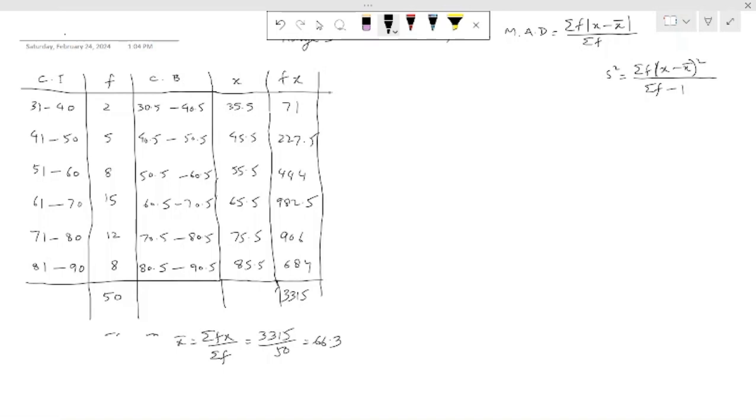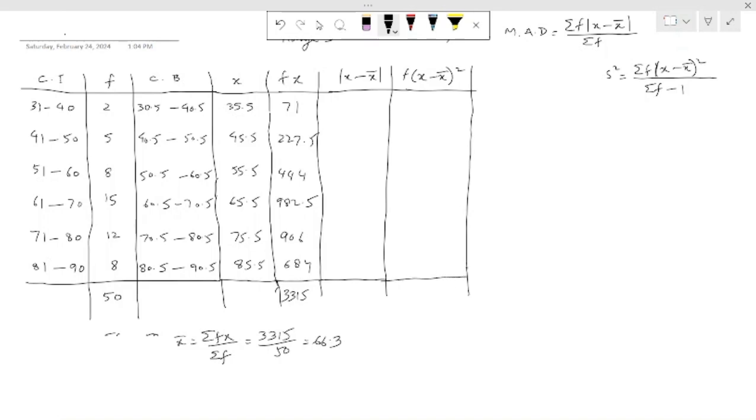Now in the next step, we take the difference of the x minus x bar values, take the absolute value directly, and then multiply this by the frequency. The same I would do directly for the working of variance.